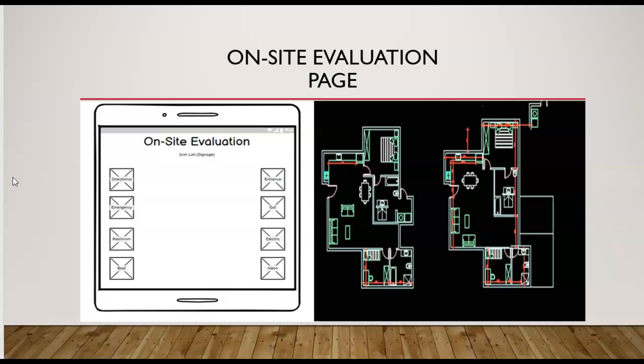He will be the one that has the accessibility, as well as the project manager, for this page. We're showing an initial blueprint of the site that they are working on. And through there, you can put a directional sign, an emergency sign, a restroom sign.